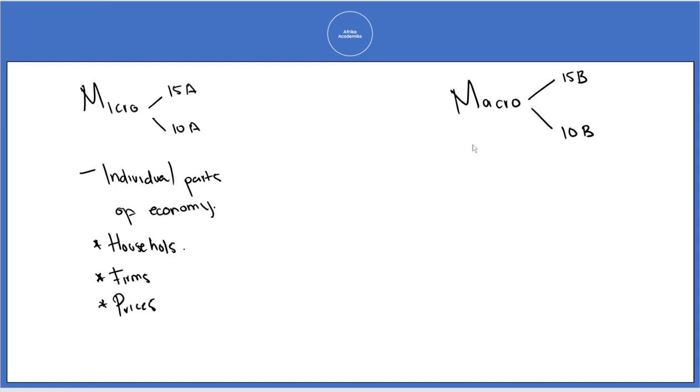Then you move to macro. So in macro, you look at the whole economy. You don't look at small parts of the economy, you look at the whole economy. So you look at things such as inflation. Remember, inflation does not care if you're black or you're white or you're Indian or you're gray or green, right? It affects you.